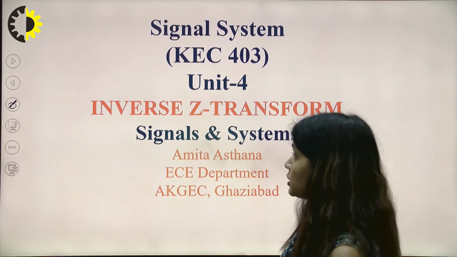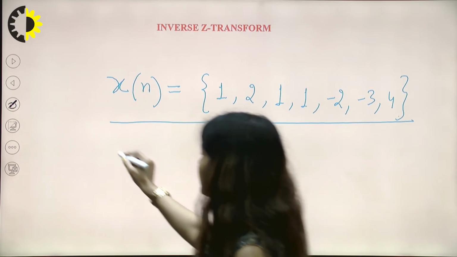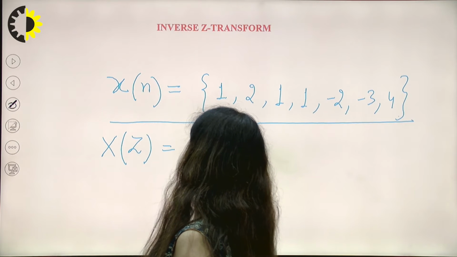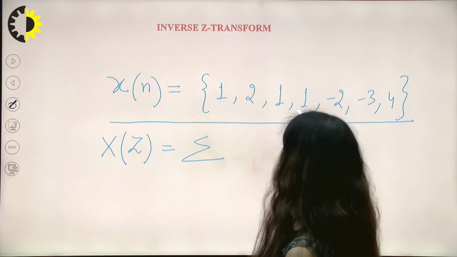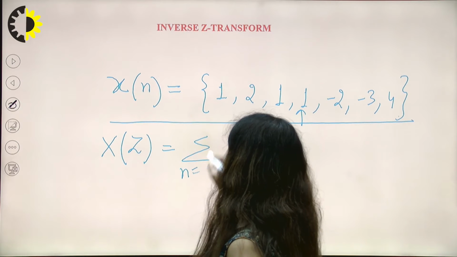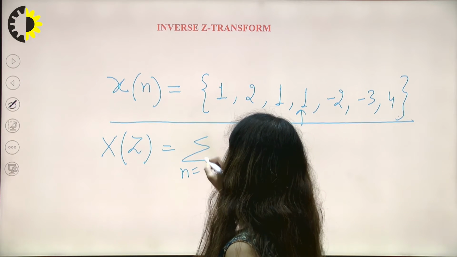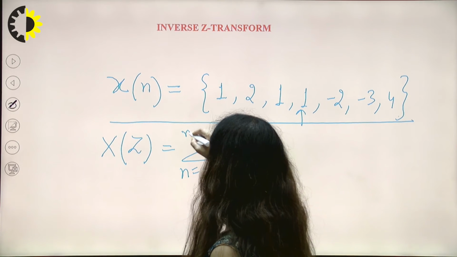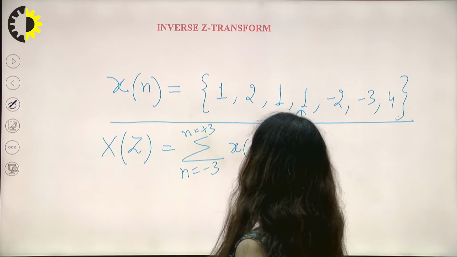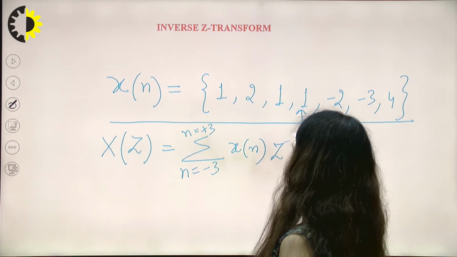To verify this, I apply the formula for X(z), the summation from n equal to minus 3 to n equal to plus 3 of x(n) z raised to the power minus n.